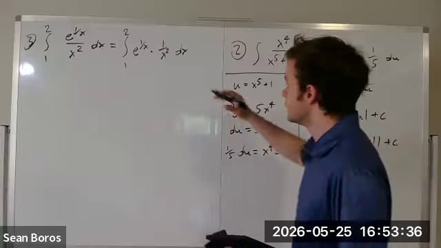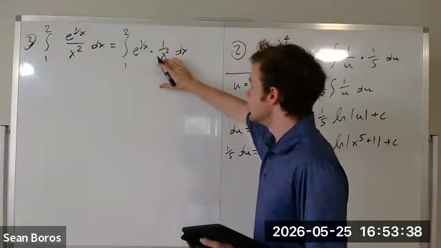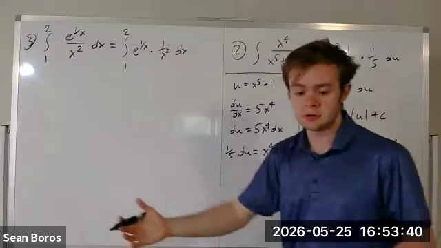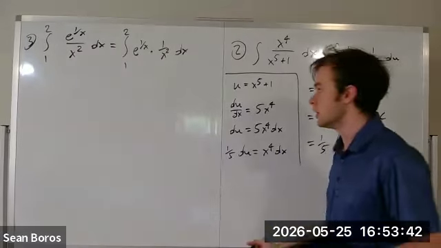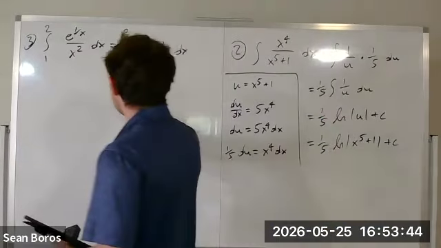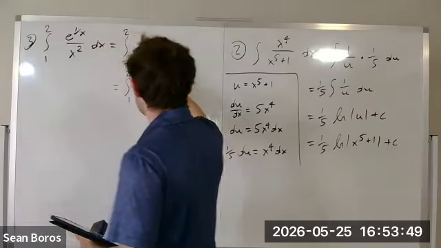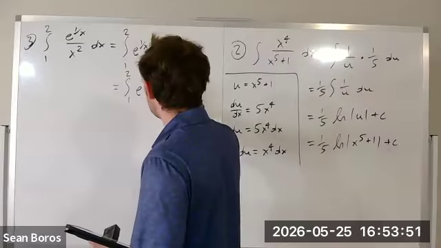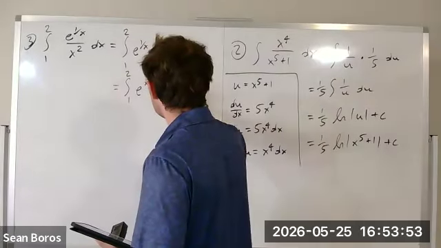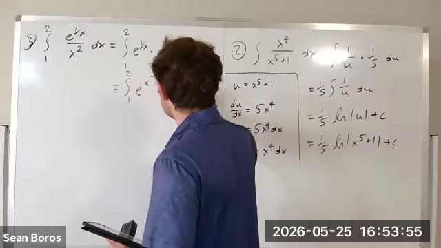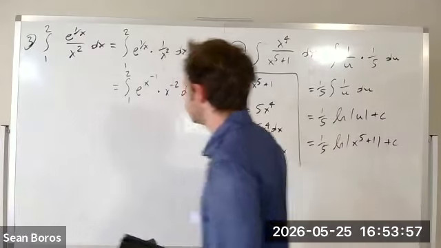So if you ever have an x variable in the denominator, you can pull it into the numerator by making the exponent negative. So we can rewrite this as the integral from 1 to 2 of e to the 1 over x becomes x to the negative 1, and 1 over x squared becomes x to the negative 2 dx.